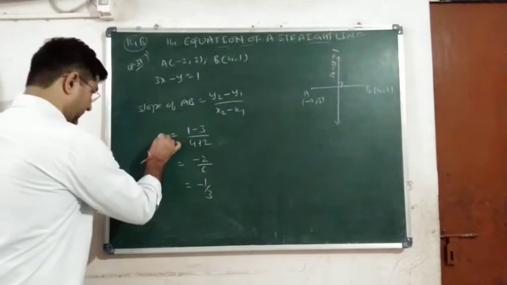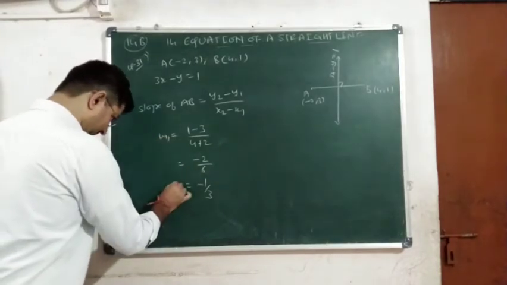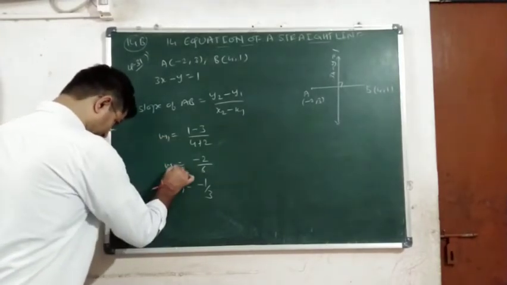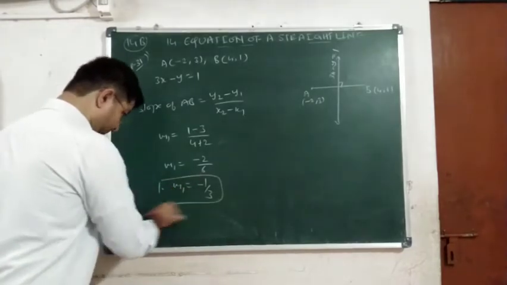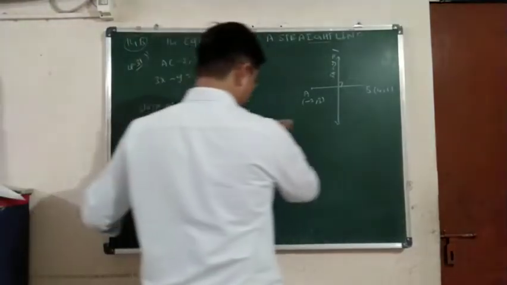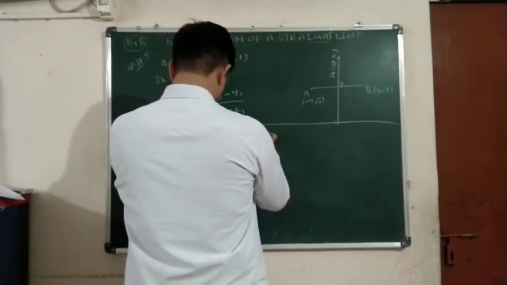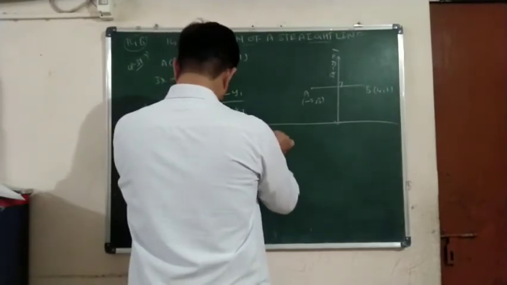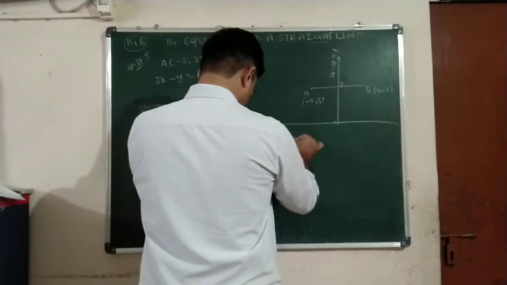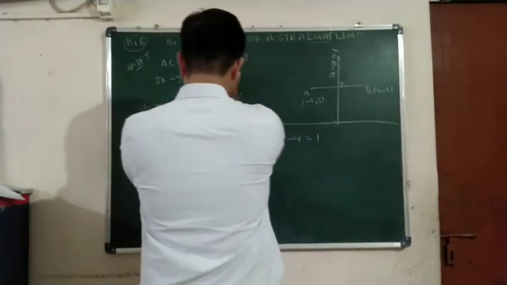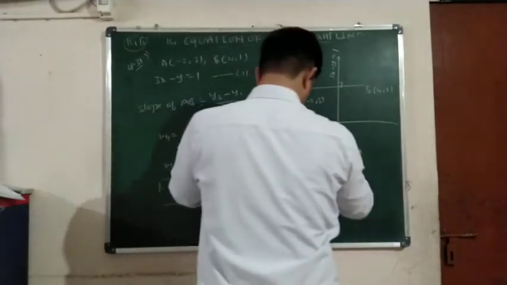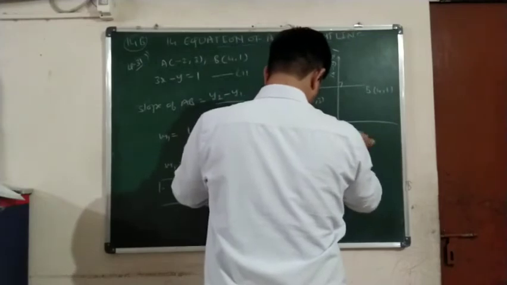This is the slope of line AB, denoted by m1. Now the other line: 3x minus y is equal to 1, which is given as line 1.